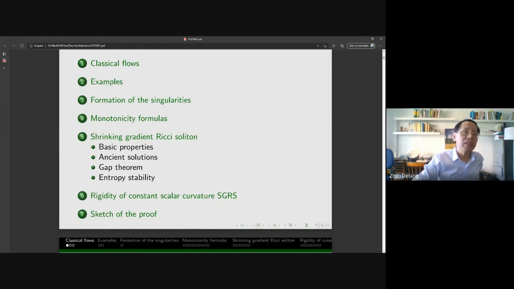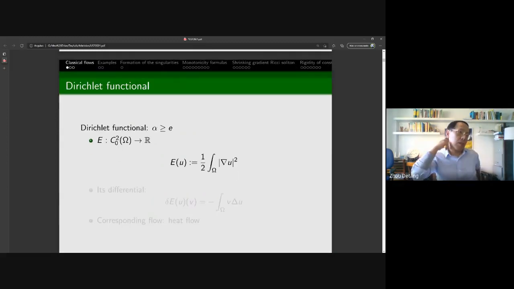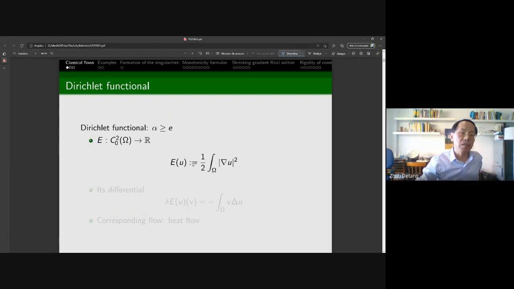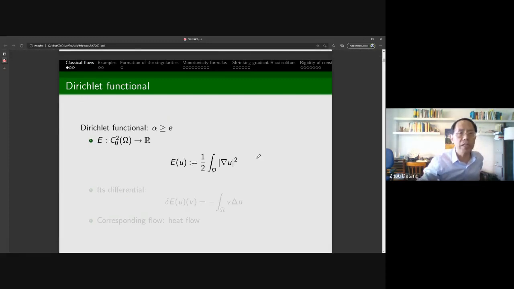So let's start. So the flow is related to some functional. For example, if you look at the Dirichlet functional, which is the energy functional of this function, it's just the energy on the space of smooth functions.